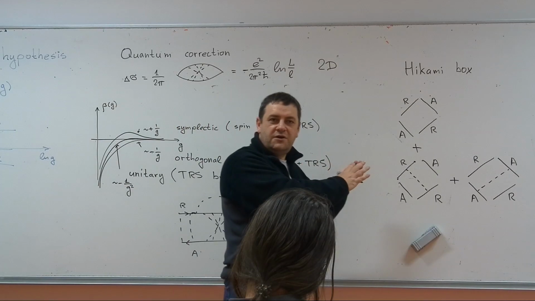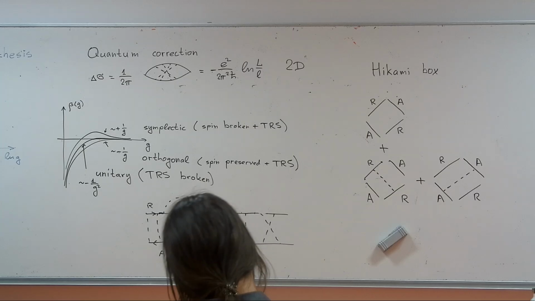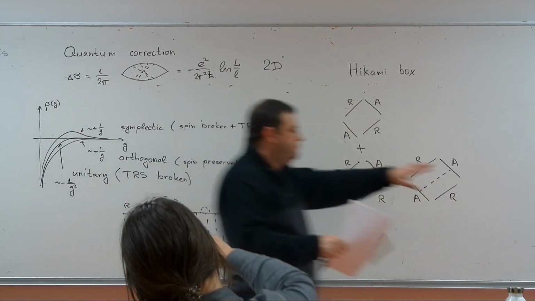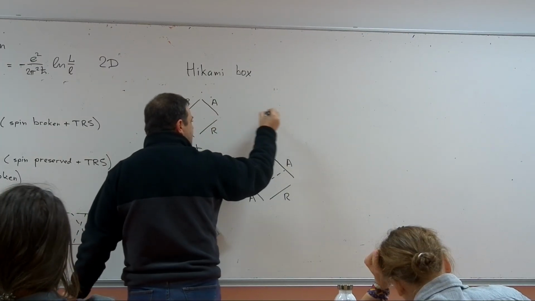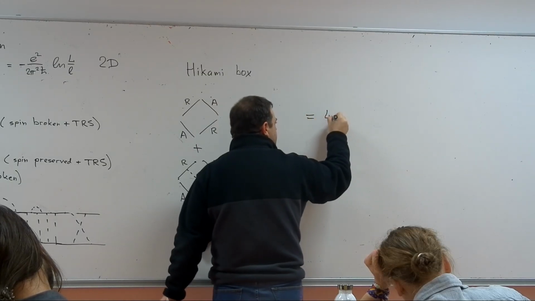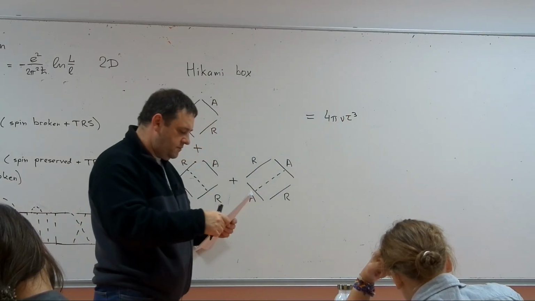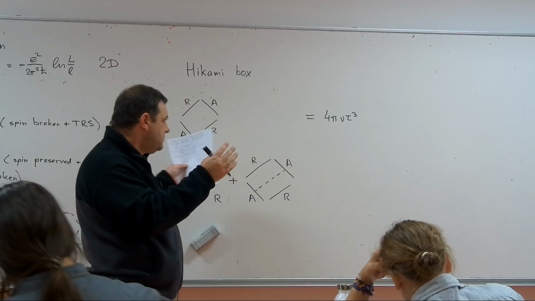Okay, so may I continue, please? Great. As was written just behind this part of the board, this diagram here equals this one here, the first one, 4 pi nu tau cubed. But, as I explained, it's not correct.